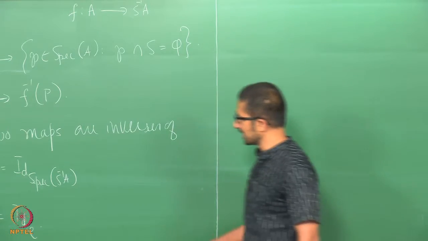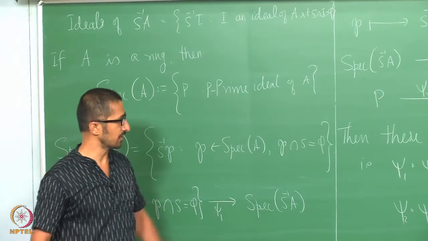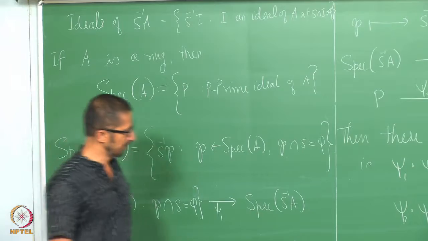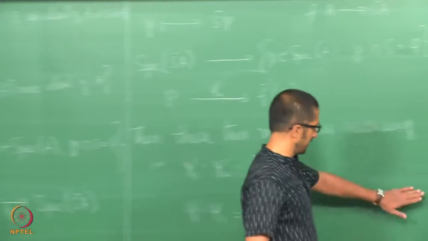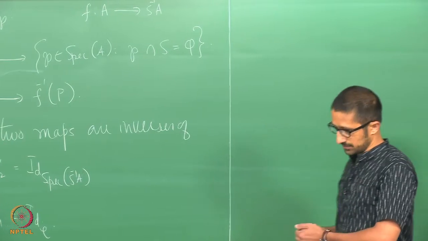Therefore, psi 1 and psi 2 are inverses of each other, that is, it is a bijective correspondence.